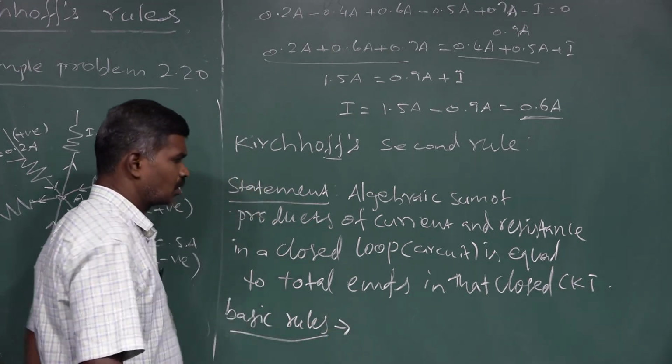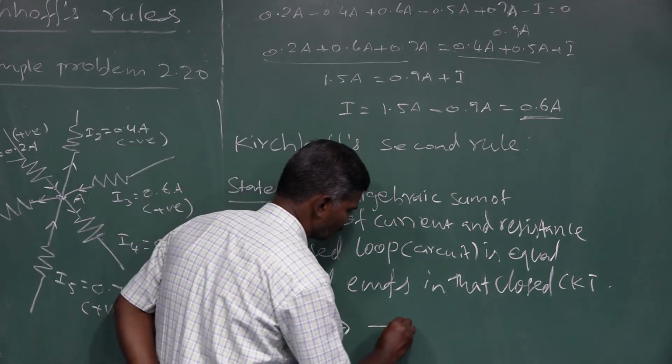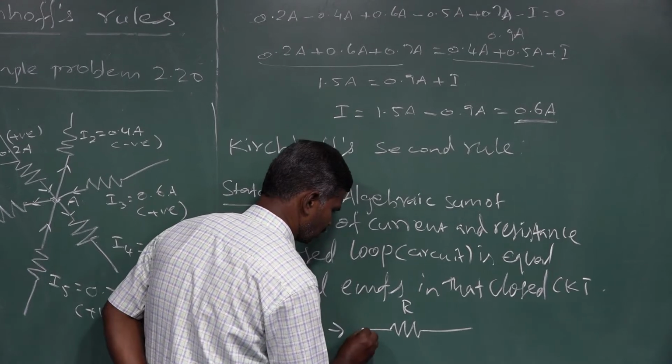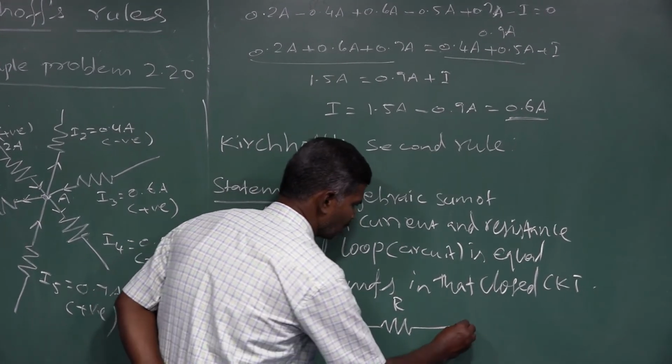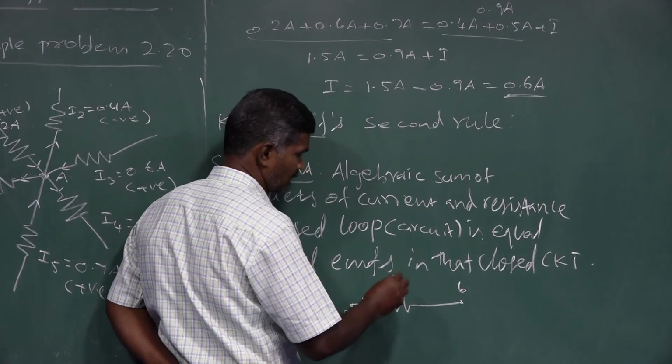One is a resistor with current. One end of the resistor is represented as A, the other end as B, and the current is moving in this direction.